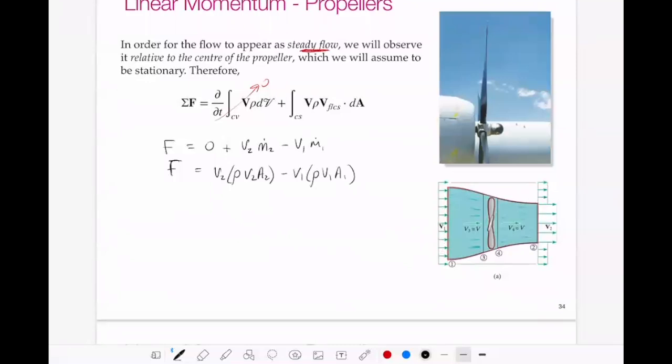So if we know our conservation, our continuity equation, continuity would say that essentially our flow rate is steady, and we're assuming incompressible flow. We would have Q is equal to V2 A2, and it would be the same at the entrance, V1 A1.